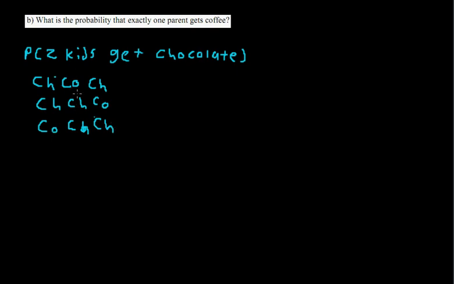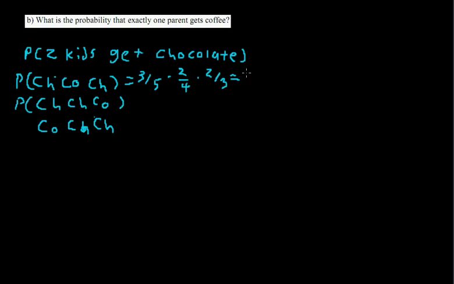So the probability of this guy is 3/5 times 2/4 times 2/3, because there's two left at the end. That cancels with that, and that 2 cancels with that, so this guy is going to be 1/5.